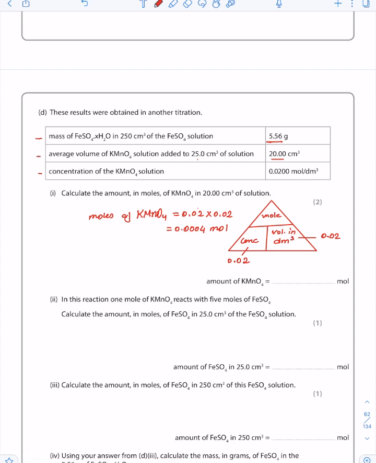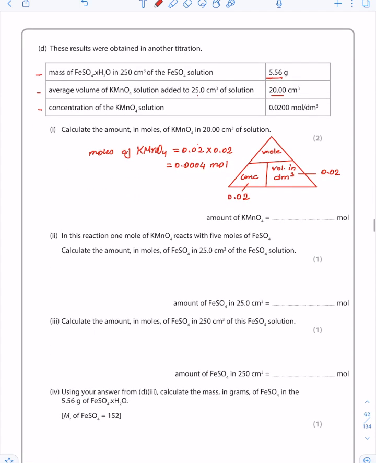Part II. In this reaction 1 mole of potassium manganate reacts with 5 moles of iron(II) sulfate. So the ratio between potassium manganate and iron sulfate is 1 to 5.